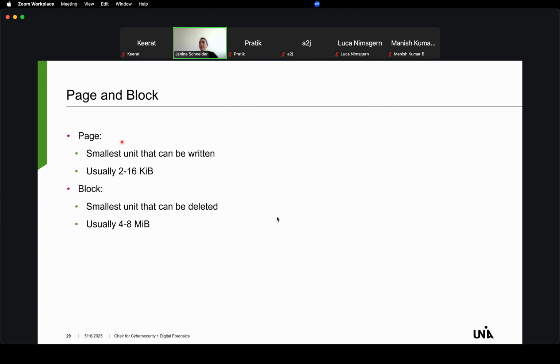As I already said, this is the minimum unit for erasing data, which means that if a single page shall be overwritten, the entire block must be erased. Therefore, the valid data of other pages must first be copied to another location and then written back again after overwriting.